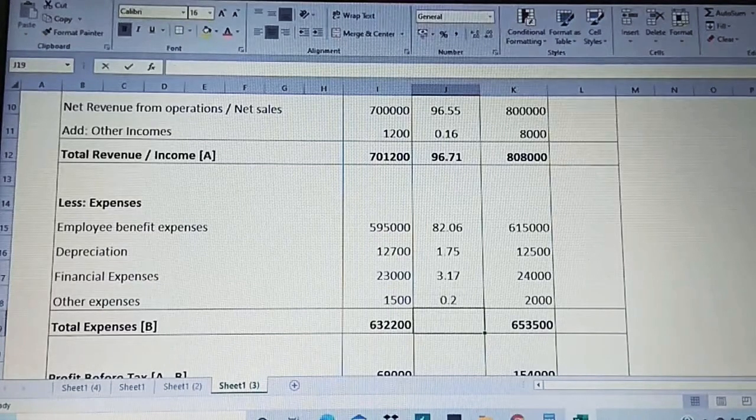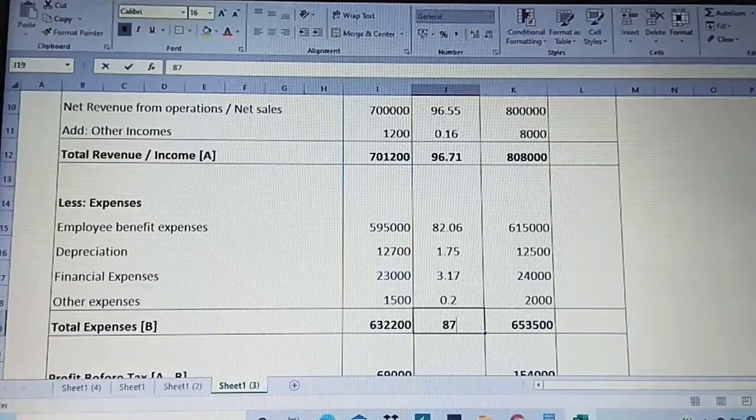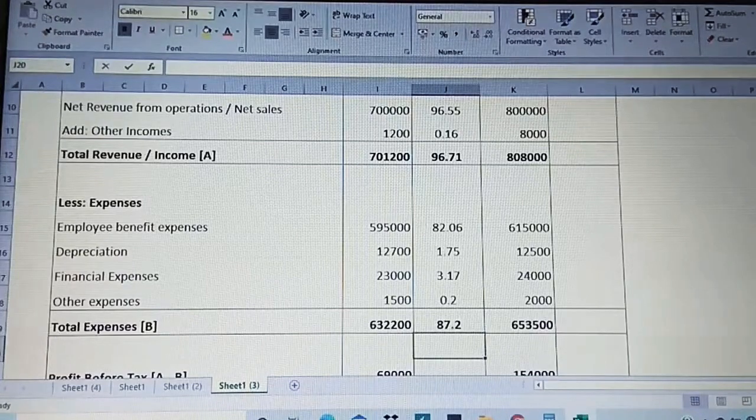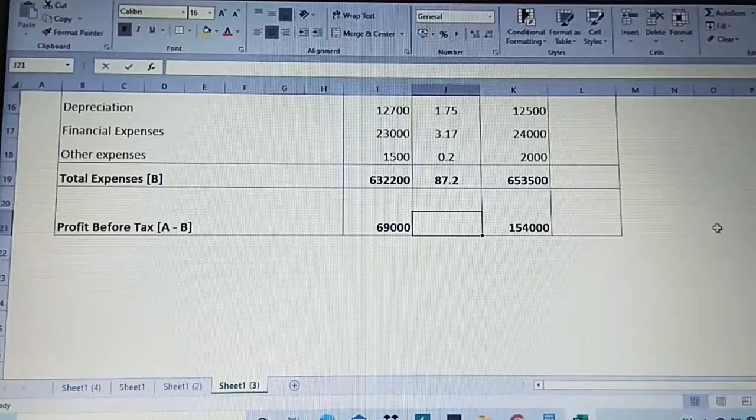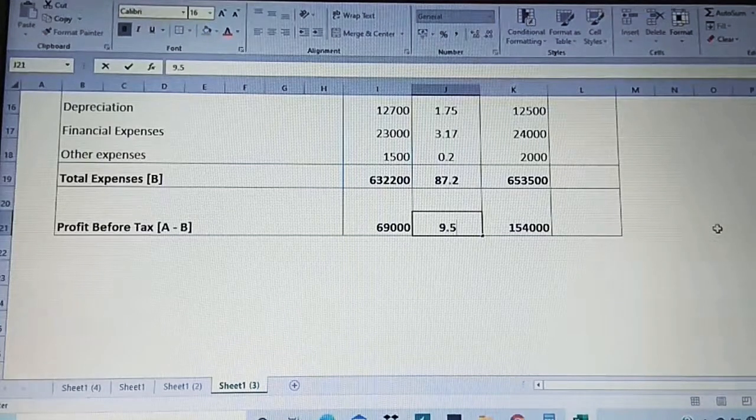0.20. Then 6,32,200 divided by 7,25,000, 87.2. And for the next, 69,000 divided by 7,25,000, 9.51.